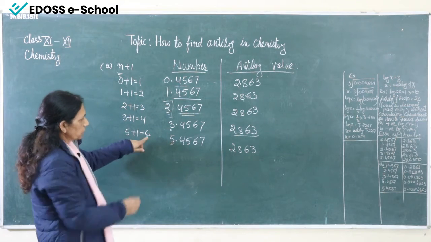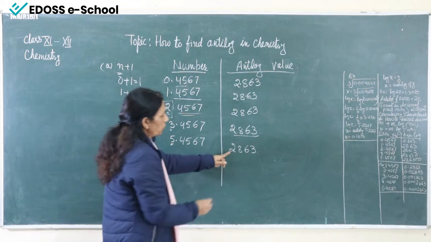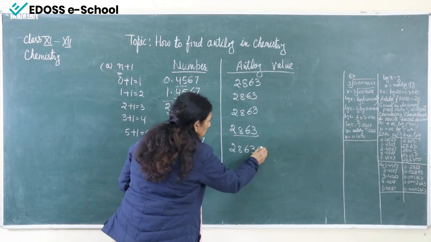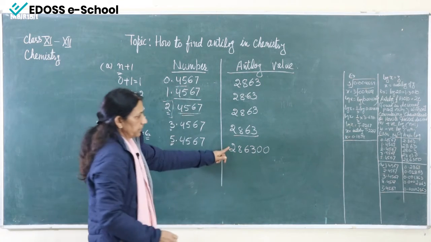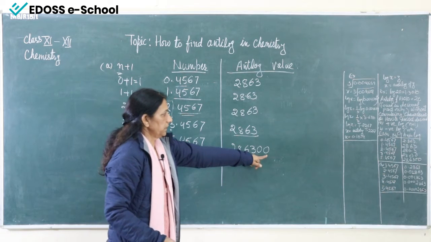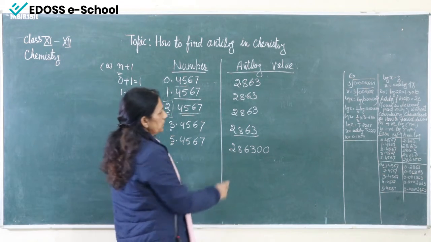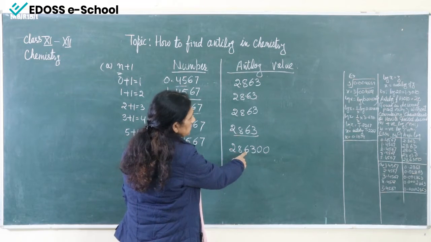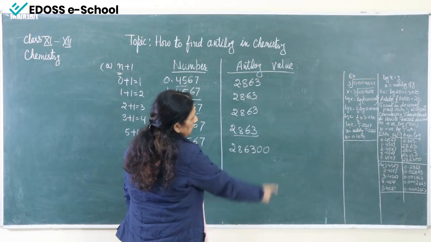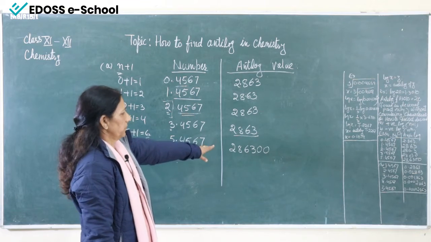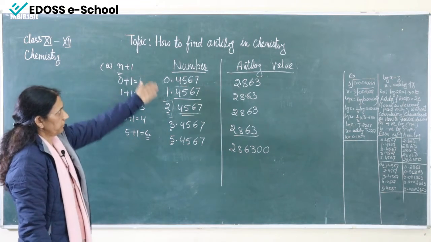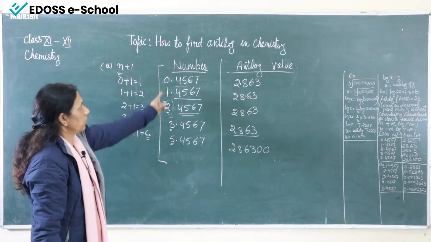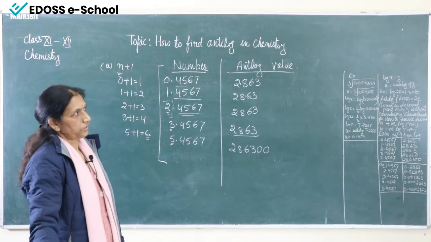Now, this is the 6th place, so I will count from here: 1, 2, 3, 4, 5 and 6. This way its value will be 2, 8, 6, 3 and 0, 0. Similarly, this is the way to find the anti-log of a number if it is positive.